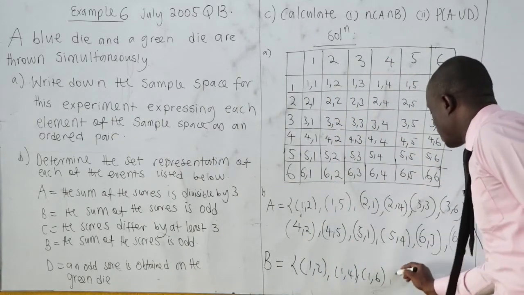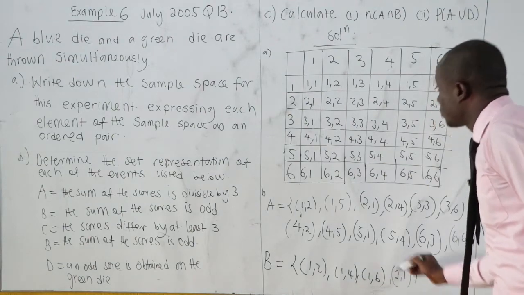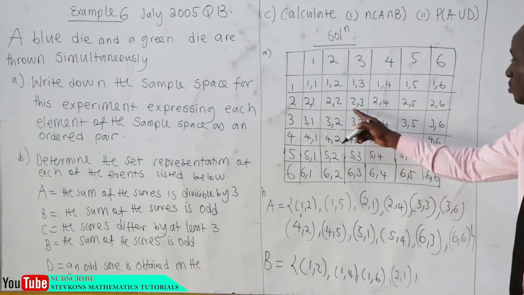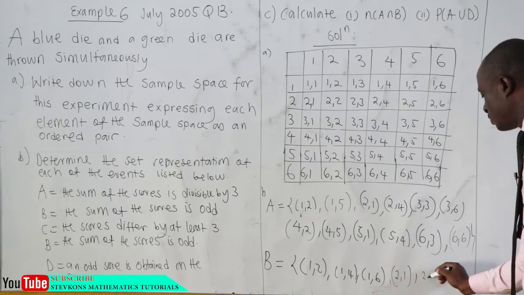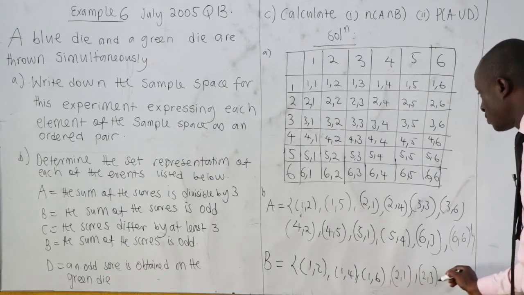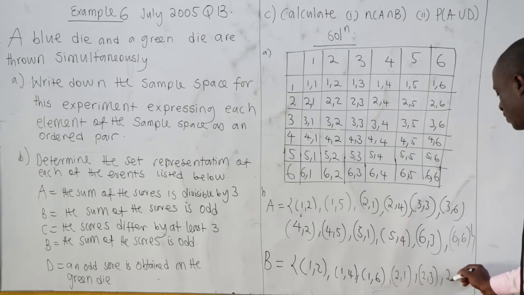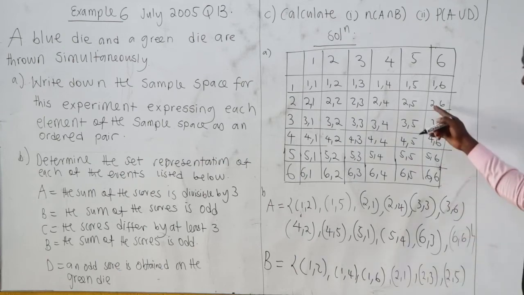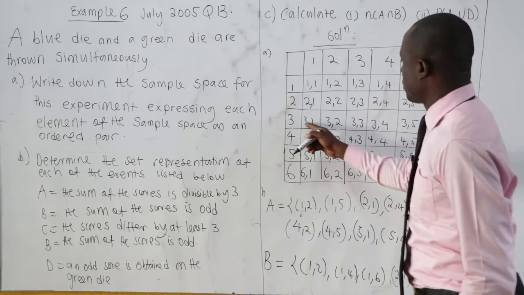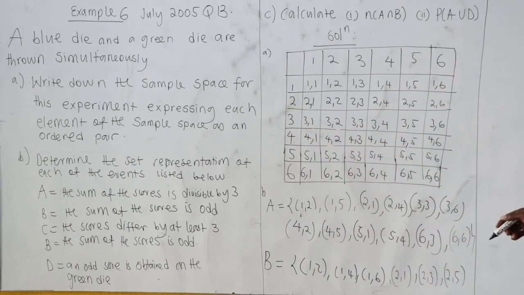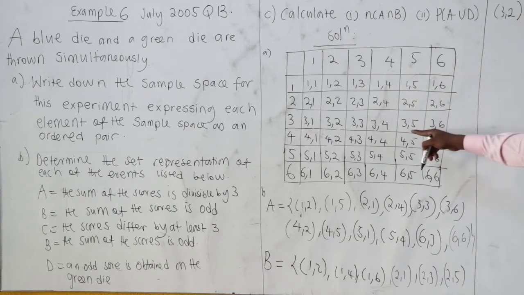2,1 is part. 2,2: no. 2,3: yes. 2,4: no. 2,5: when you add, odd. 3 plus 1 is 4, but then 3,2 is part. 3,3 is even. 3,4 is odd. 3 plus 5 is 8, no. 3 plus 6 is part.